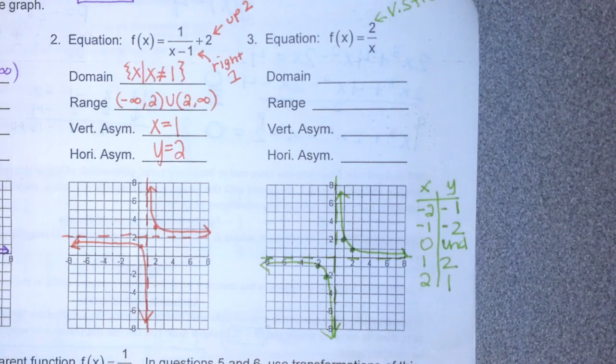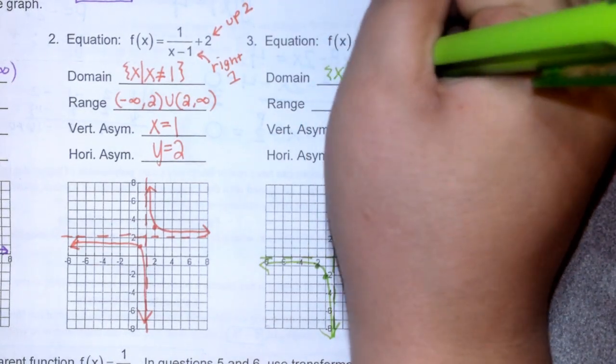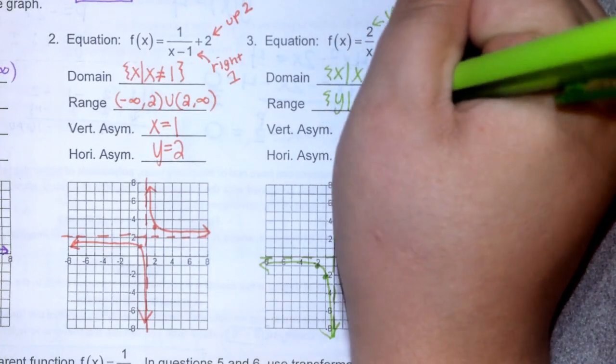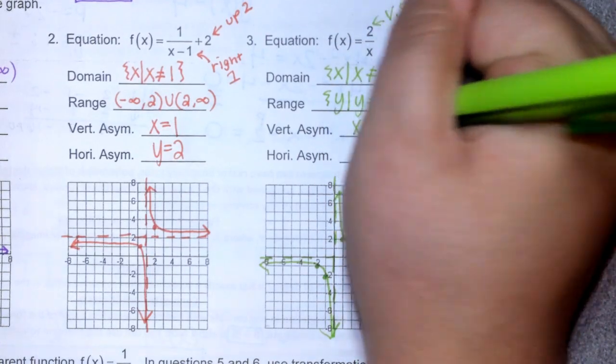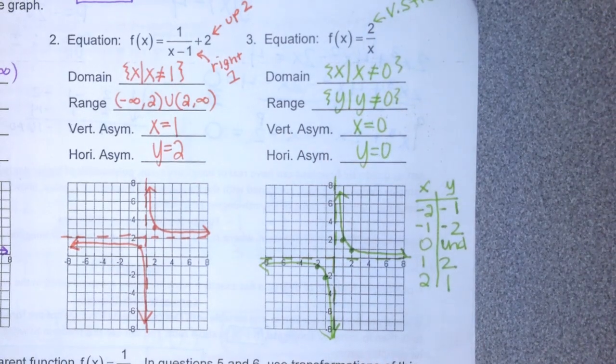All right, fill out the domain, range, and asymptotes, please. Don't you agree they're the same as the parent function?